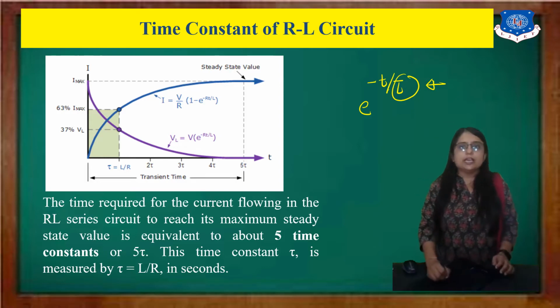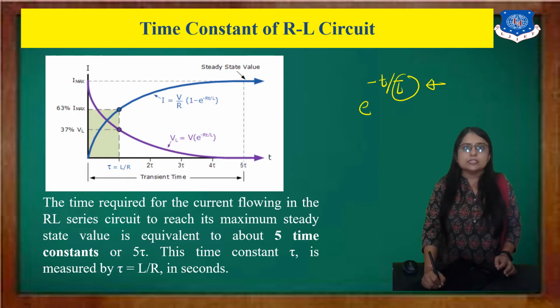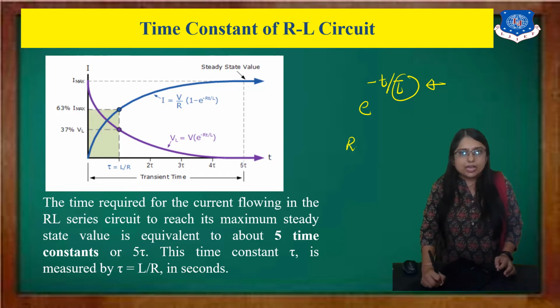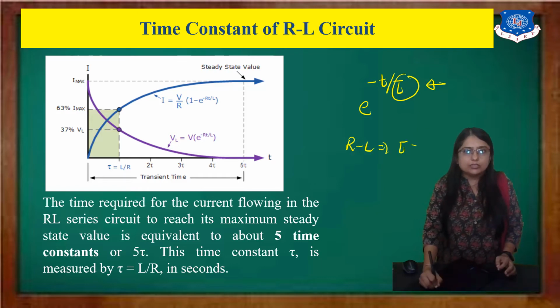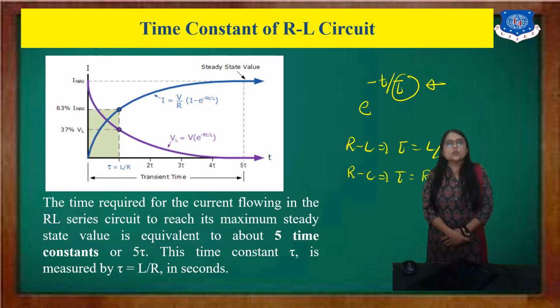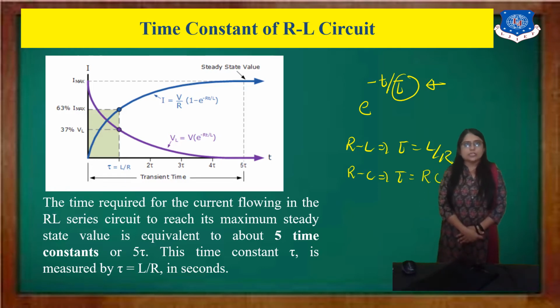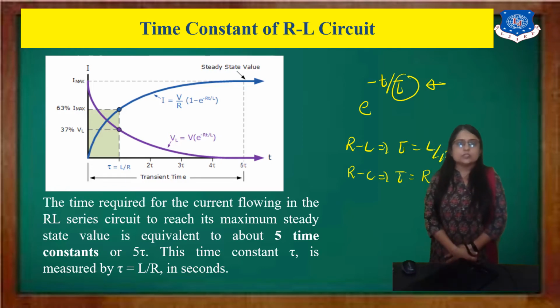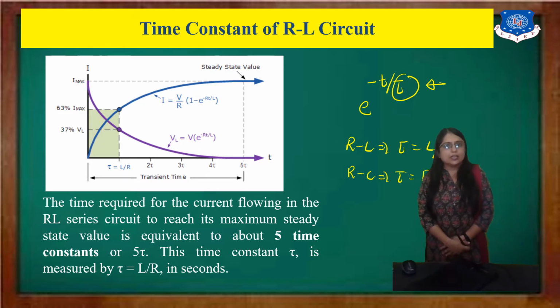Whatever is in the denominator in the RC will become the time constant. In case of the RL circuit, tau will become L by R. And in case of the RC circuit, tau will become RC. So I hope this source free RL and RC circuit is clear, as well as the time constant of RL and RC.